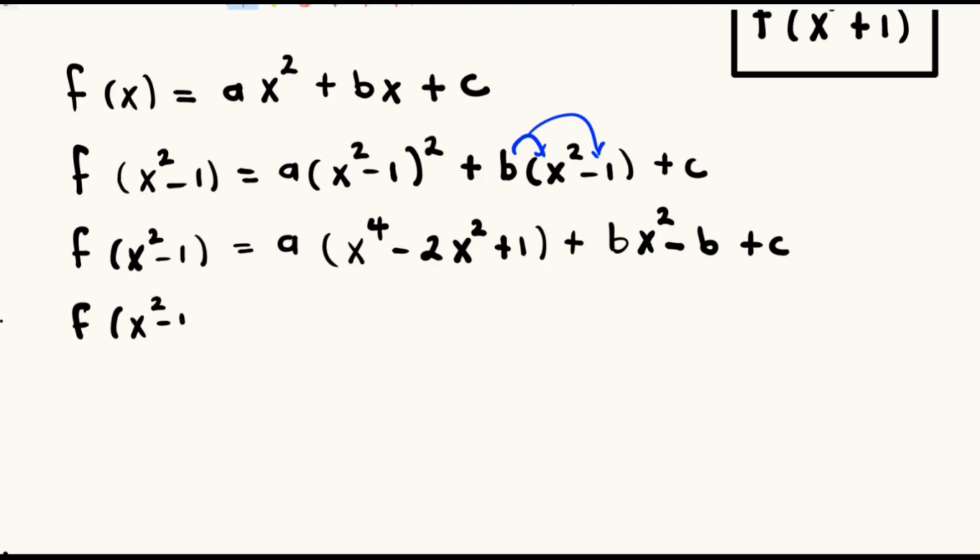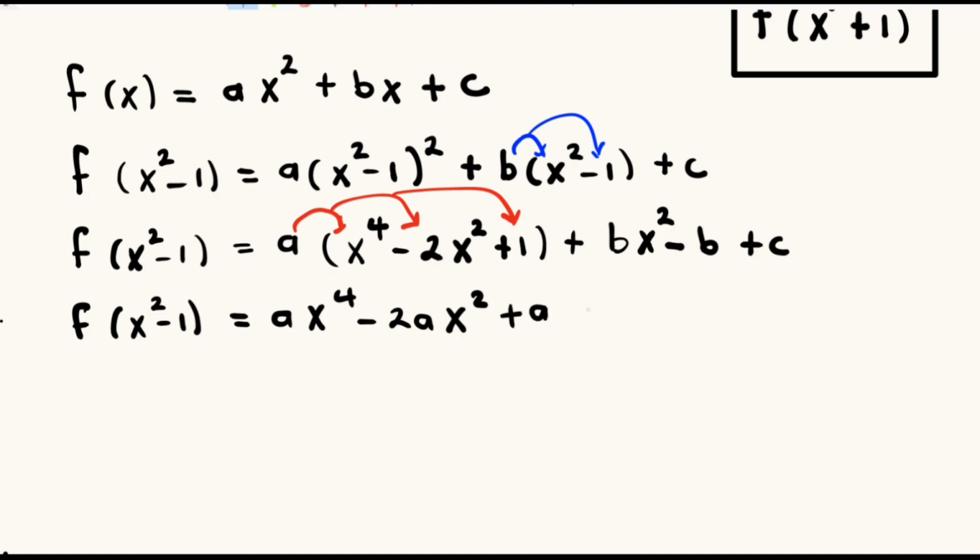So we are going to distribute the a inside the parentheses. So our f of x squared minus 1 will be equal to a multiplied by x to the power 4 minus 2a multiplied by x squared plus a plus b multiplied by x squared minus b plus c.